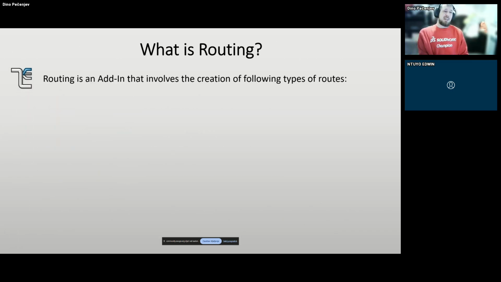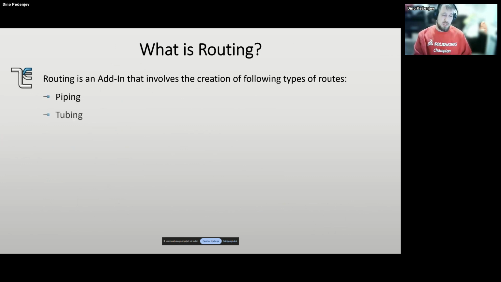So what is routing? Routing is basically an add-in that involves the creation of routes. Specific routes include piping and tubing, which are today's topics, but also electrical cable and wire, and electrical conduits.